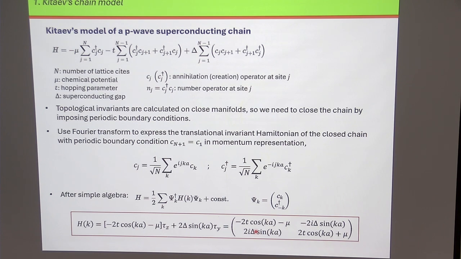Let's say you have a magnetic field, or for whatever reason, the spins are split, and let's say that the Fermi energy is between these split levels, so that at the Fermi energy I only have one species of spin, let's say spin up only. Then I can forget about the other. So that's what is essentially done here.